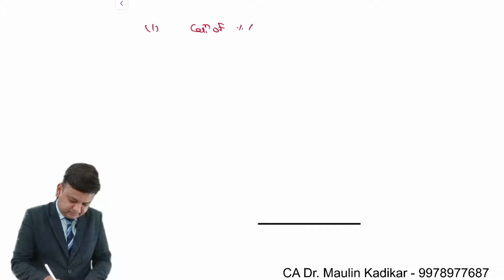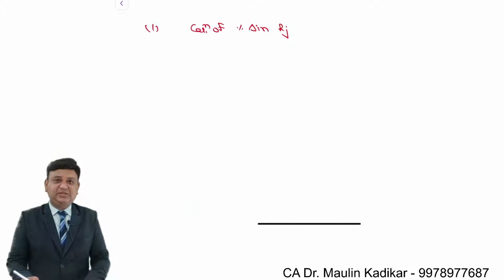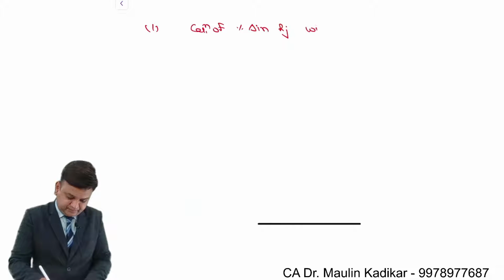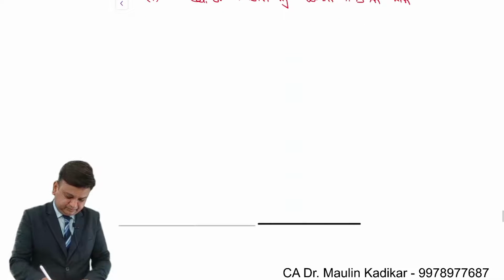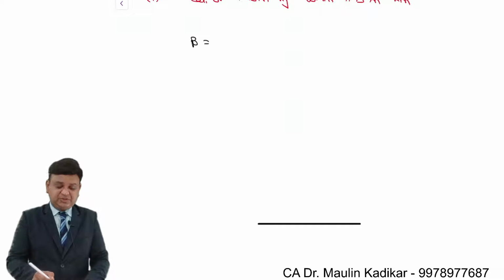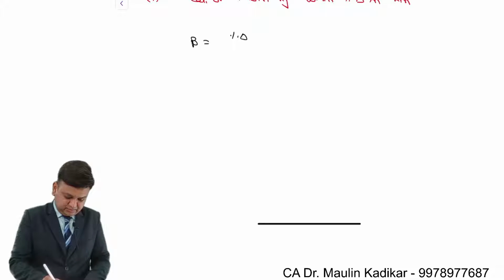Calculation of percentage change in RJ with percentage change in RM. Beta measures percentage change in RJ with percentage change in RM.